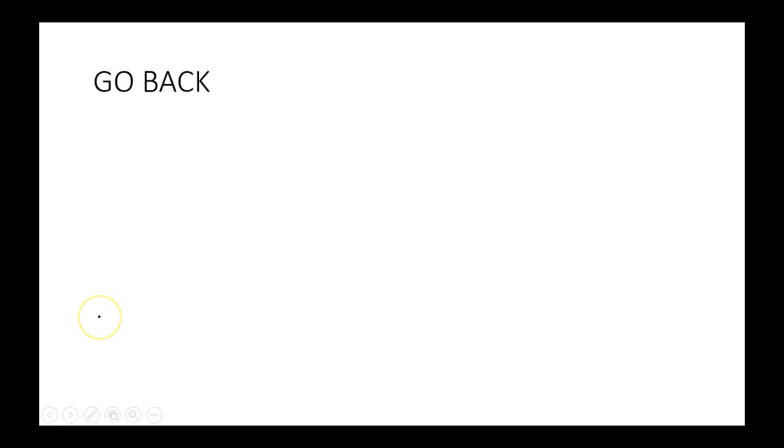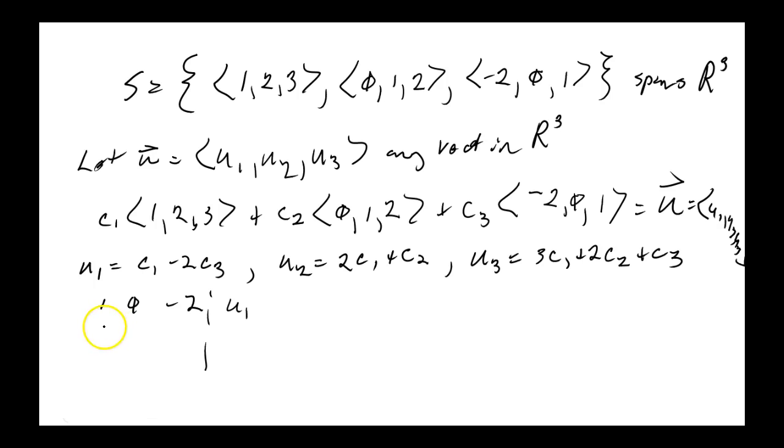Then 2, 1, 0, U2, and 3, 2, 1, U3. It doesn't matter what the U's are, so don't worry about that. But we do our row reduction and see what happens. What would that be?